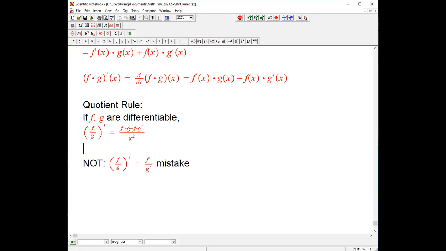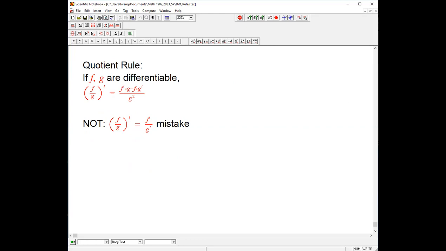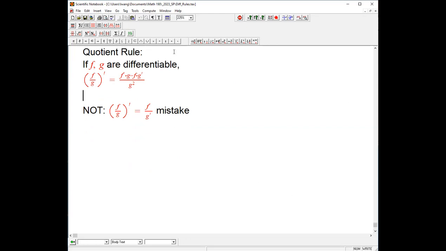You can see it is not intuitive at all. That's the quotient rule, where both functions involved are differentiable.